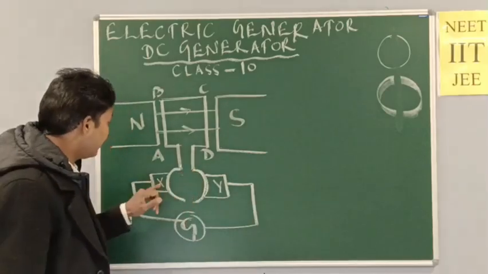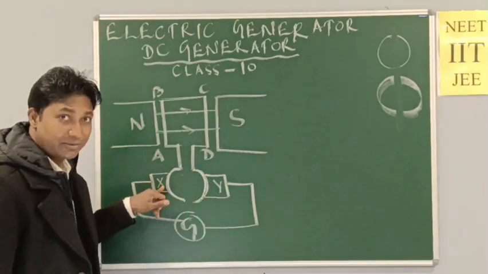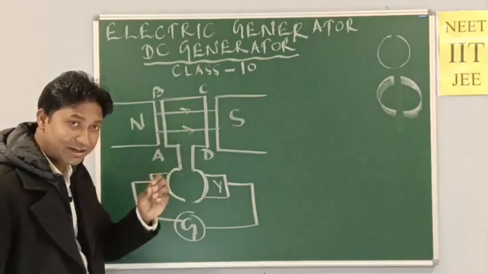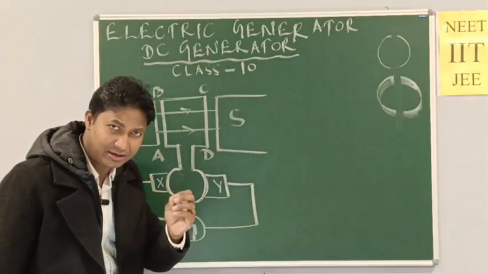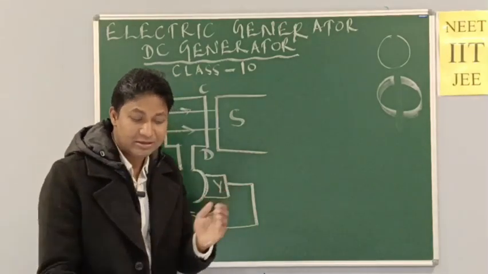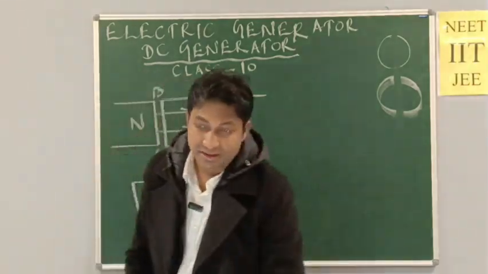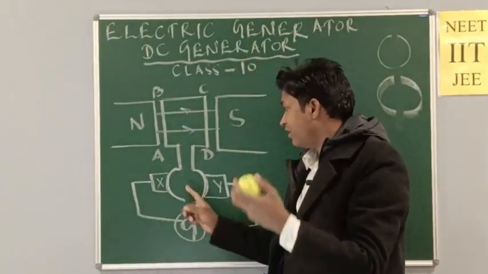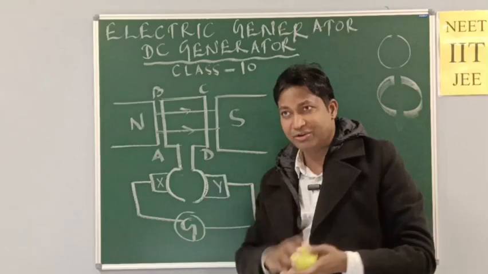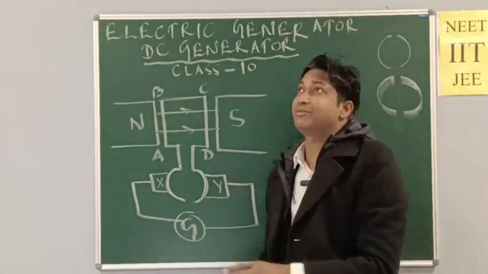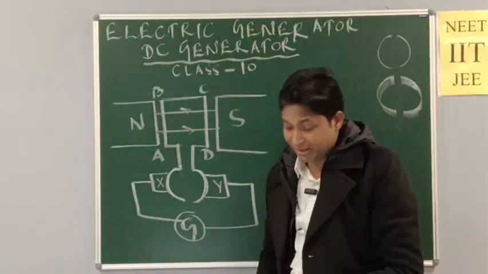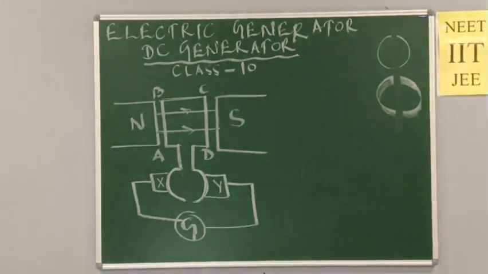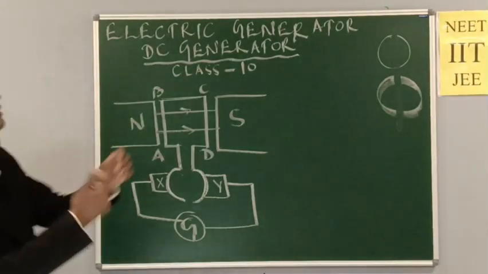That is why we take this carbon brush in contact with the split ring. Someone asks, very good question, why is this split ring in contact with the carbon brush? Please explain. Then what will you reply?